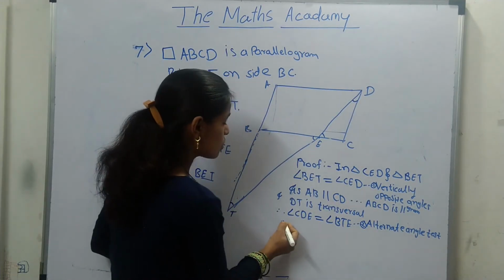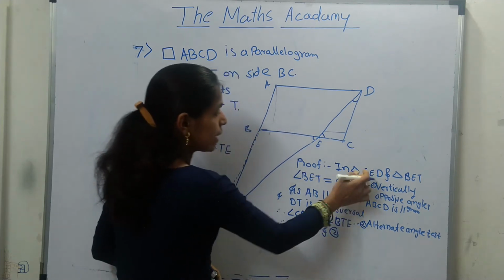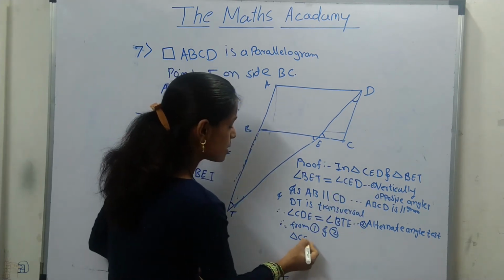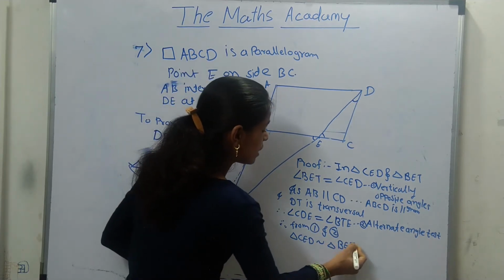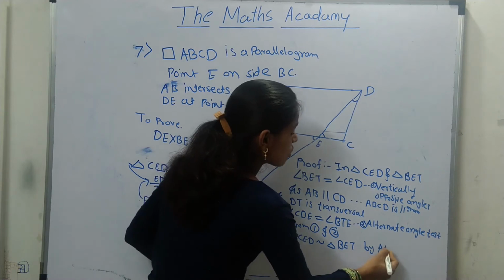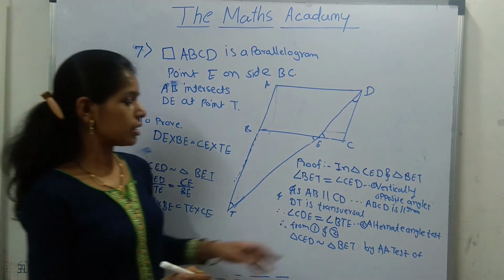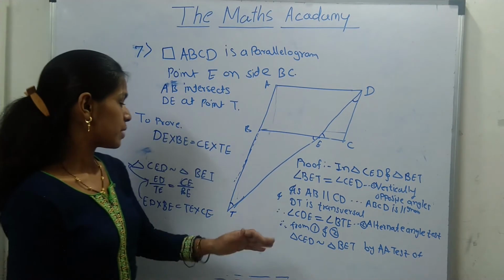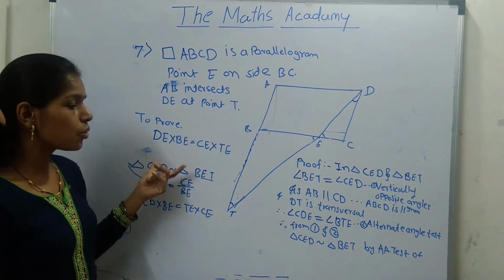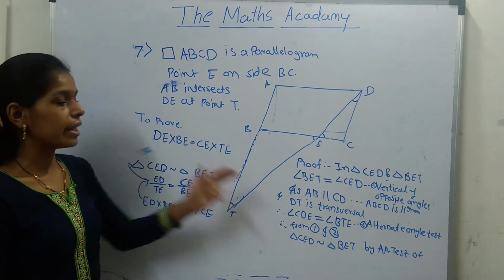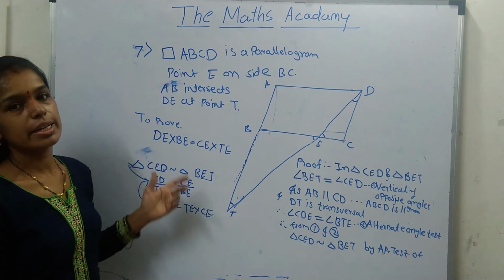So therefore, from 1 and 2, triangle CED is similar to triangle BET by AA test of similarity. As I have told you earlier, we have to show that the two triangles are similar, and that we have shown. If the triangles are similar, then the ratio of their corresponding sides are equal.